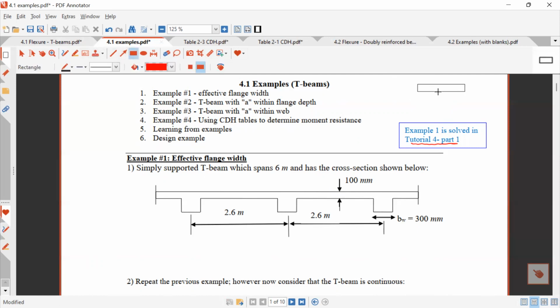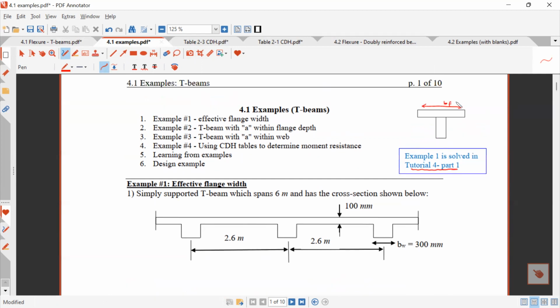This is what we're trying to determine: what is this BF? To determine that, we have these things, which we called BT, with capital BT, and here this is BW, and this thing is HF. What we're trying to do is determine this thing here.